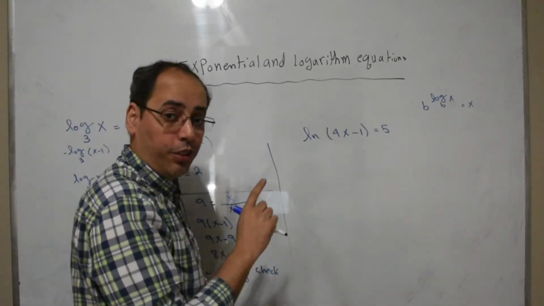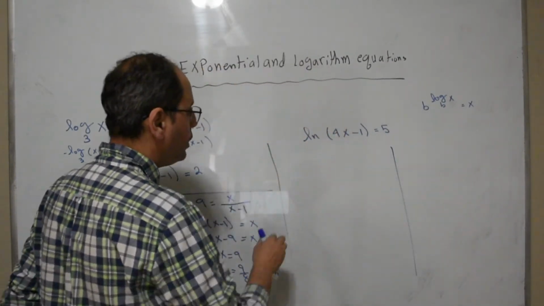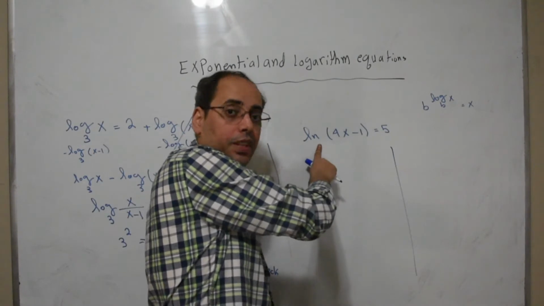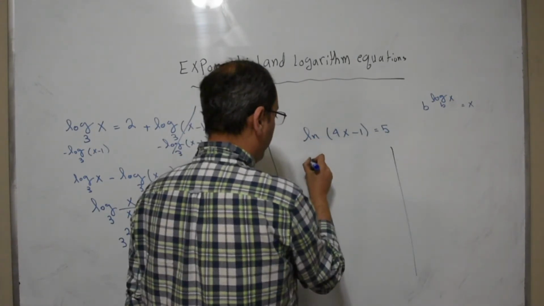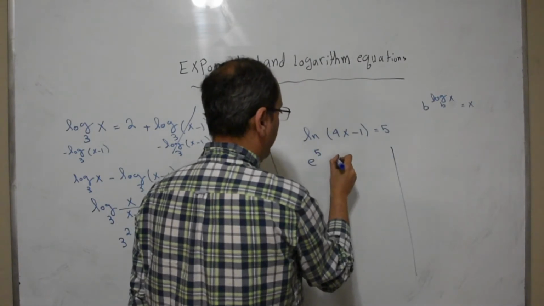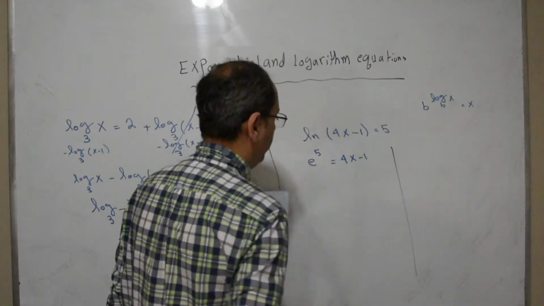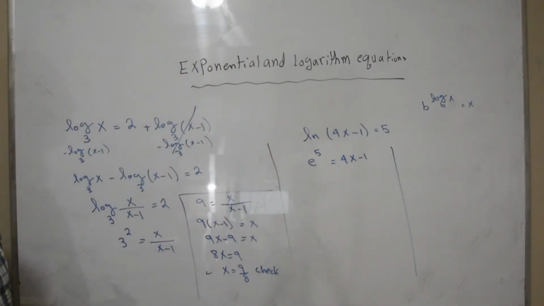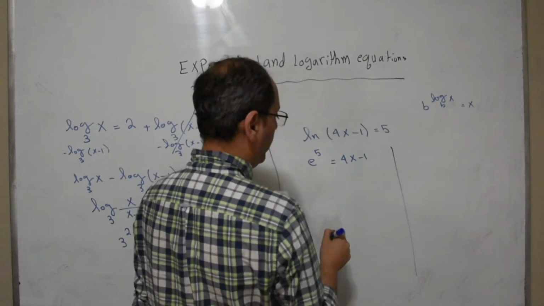I'm going to use the exponential form first, and I'll show you how to do it in the two ways. So what's the base here? e. So e to the fifth is 4x minus 1, correct? Then we solve for x.